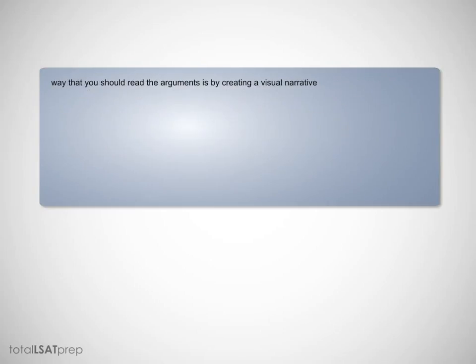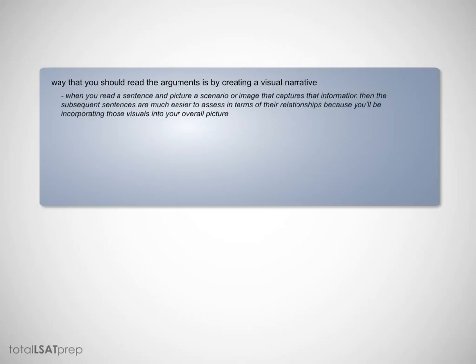The way that you should read arguments is by creating a visual narrative. When you read a sentence and picture a scenario or image that captures that information, then the subsequent sentences are much easier to assess in terms of their relationships because you'll be incorporating those visuals into your overall picture. And you'll have something that's much easier to recall and reference. The way that we absorb and retain information is much more visual than auditory.